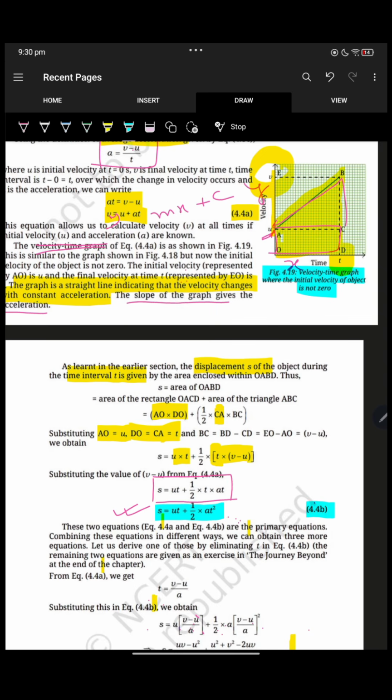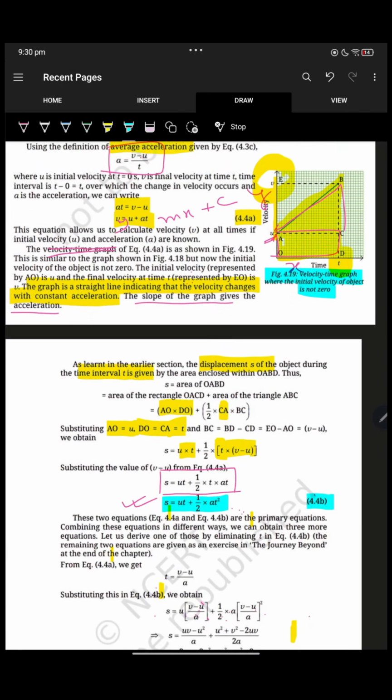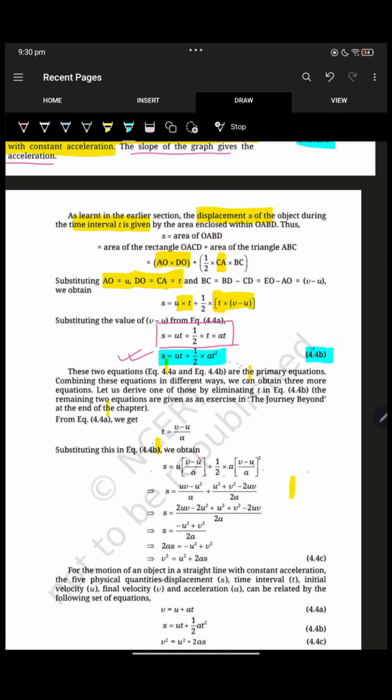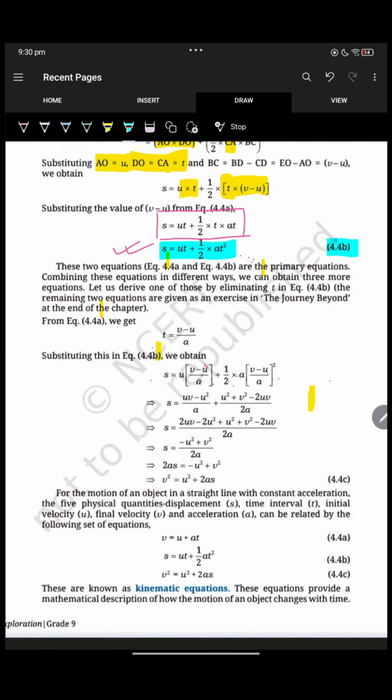So the area under the plot means OABD, the way we have derived. Now these two equations of motion are the basic equations of motion. Others can be derived from them.